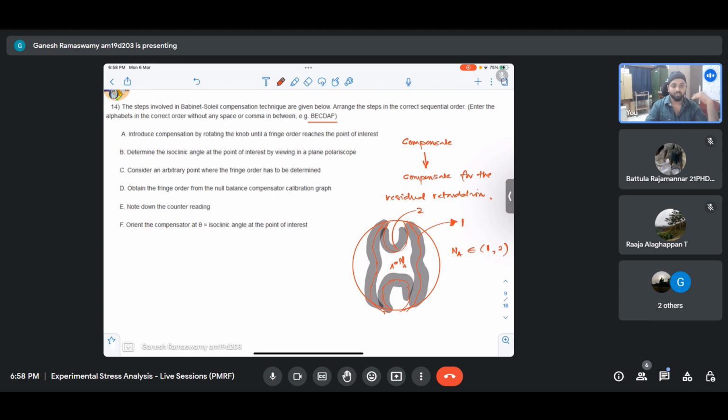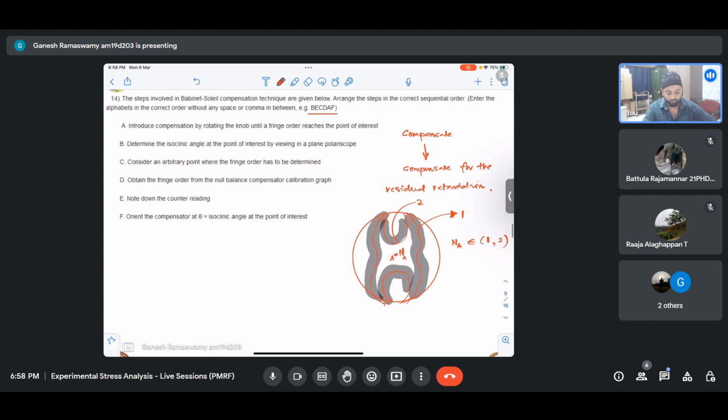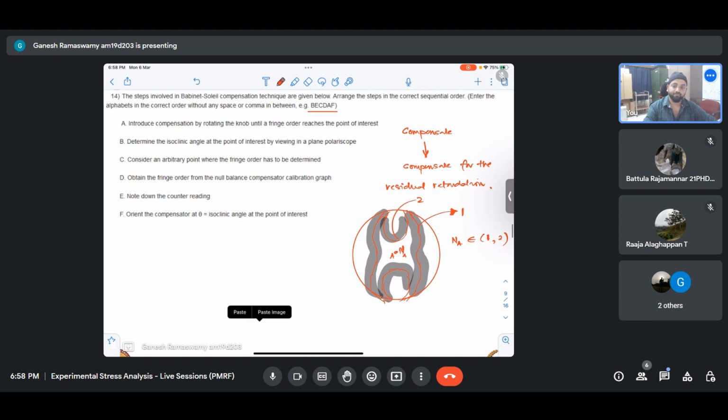Okay, so the first and foremost requirement for compensation to take place is that we should identify the isoclinic angle at that point. Why? Because all our Jones calculus everywhere, you would have seen that fast and slow axis, everything that we have given is with respect to the fast and slow axis taken as the basis.